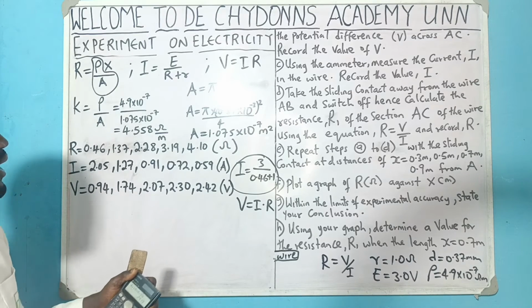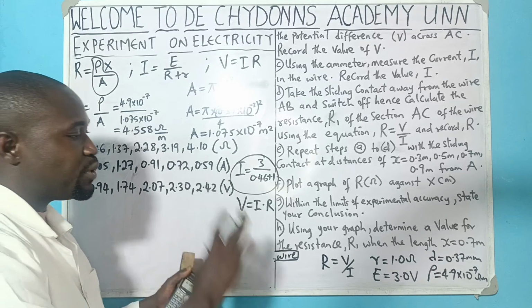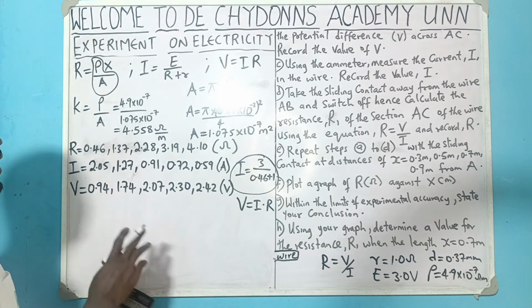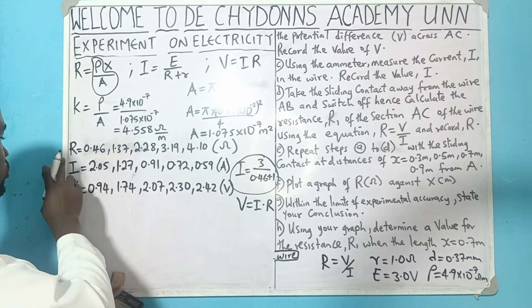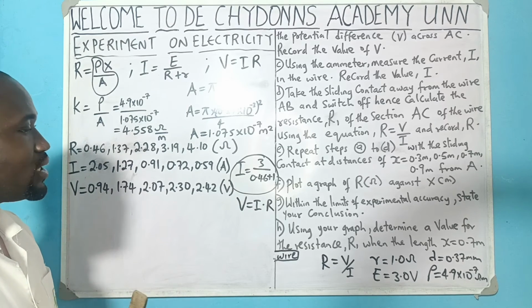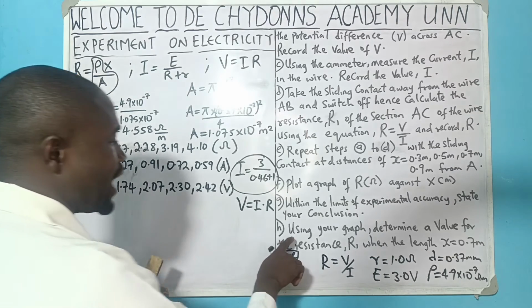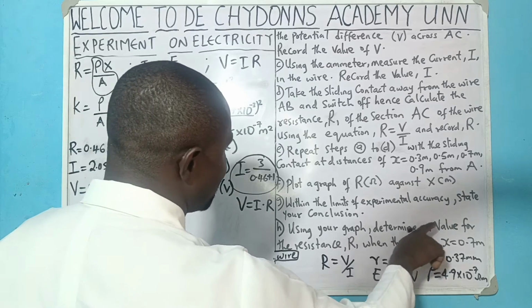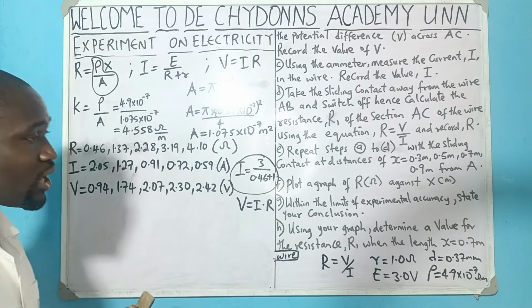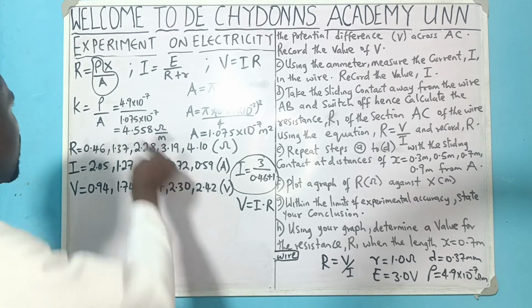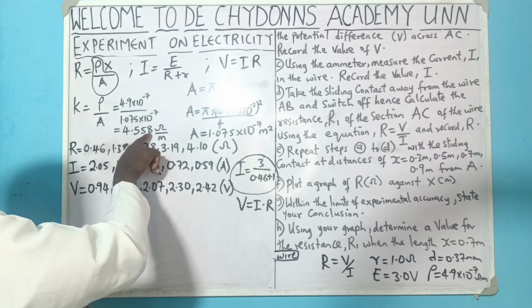So we have seen now that with use of formulas and our background knowledge of the experiment, we can get the values of R, I, and V. Then if they ask you using your graph, determine a value for the resistor R when the length X is this. You can also get it without your graph, because you know that this over this gave us 4.558.